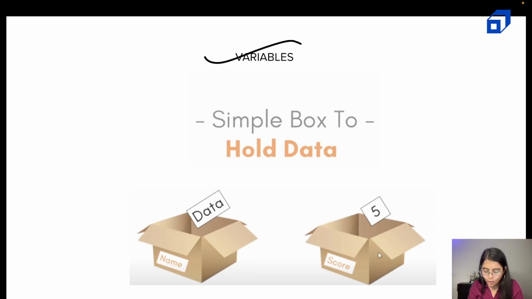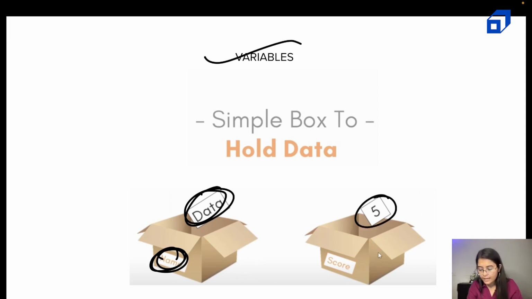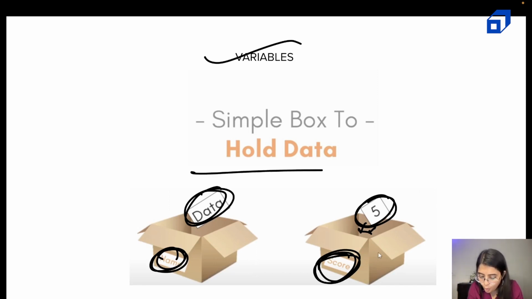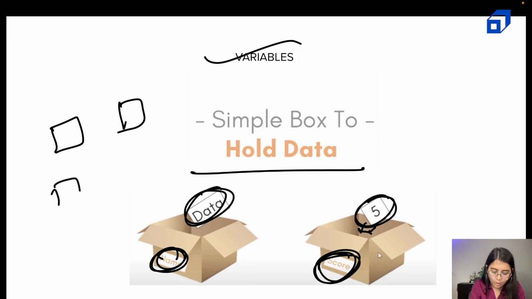So some data was present in the box, and they gave a name to it. Let's say 5 is present, and I call it with the name score. This is the purpose of a variable, to hold data.